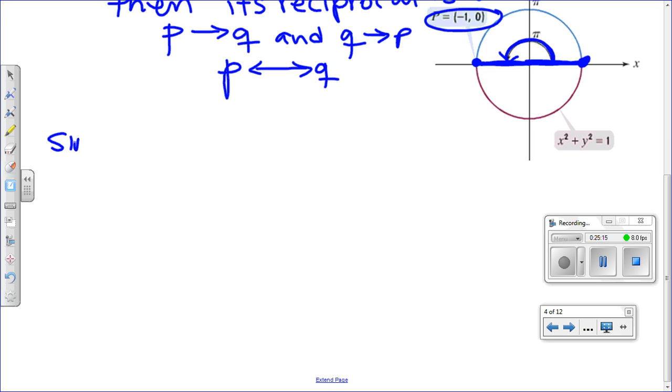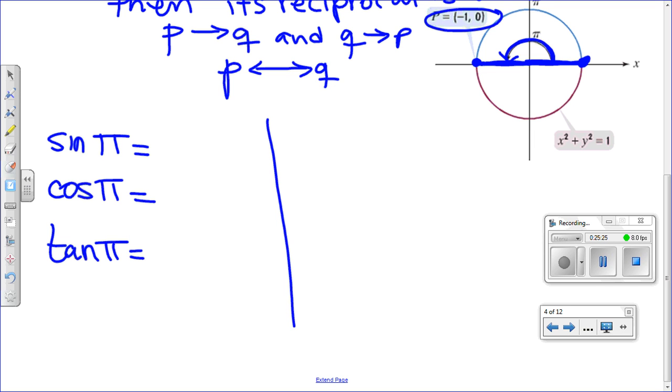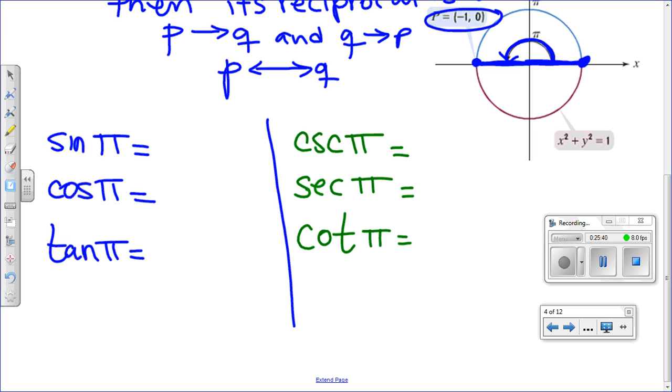So then we take the coordinates of the terminal side. Let's see, sine of pi. You guys write those down. Okay, so sine of pi, what is that, Matthew?